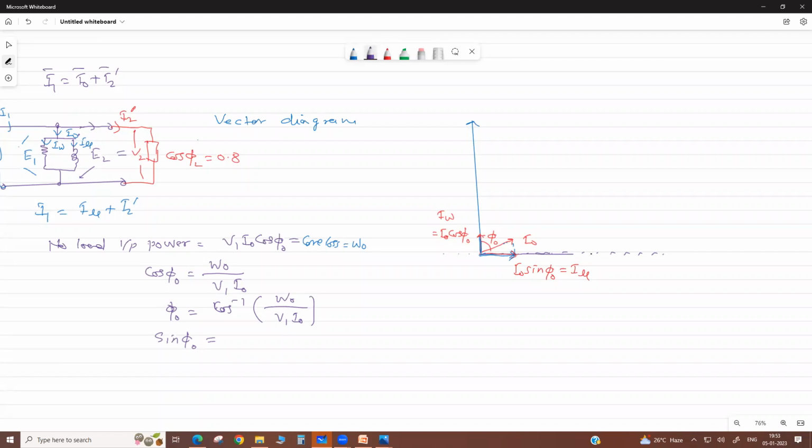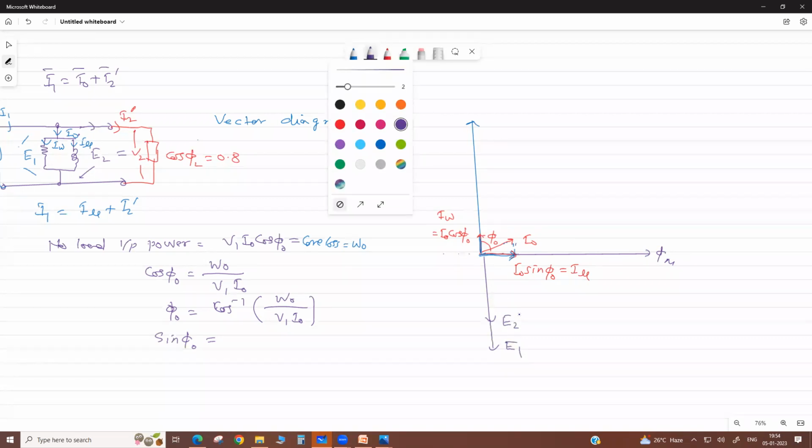Now due to this, there is a flux in the core. Due to the flux, there is an induced EMF in the primary and secondary, E1 and E2.